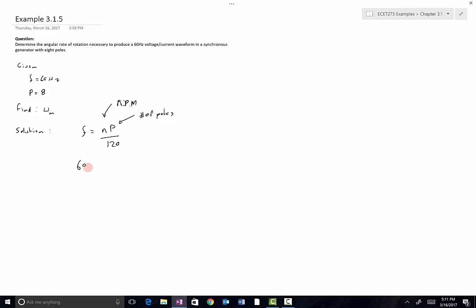So we would set this equation up to say 60 Hertz of electrical frequency is equal to N times 8 here. We need to divide that by 120, so that tells us that N is equal to 120 times 60 divided by 8, and that gives us a value of 900 rotations per minute, or RPM.